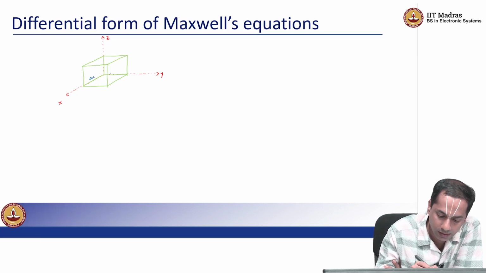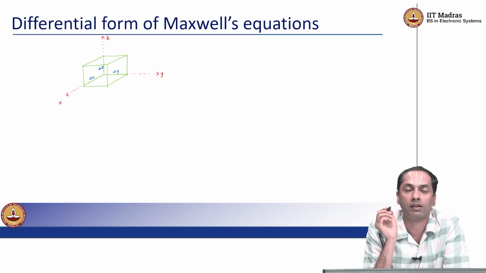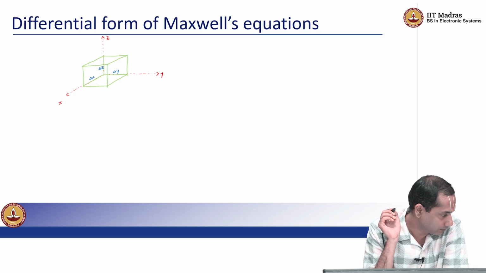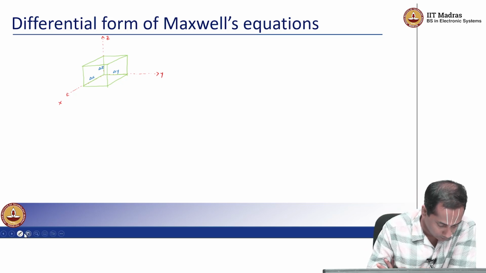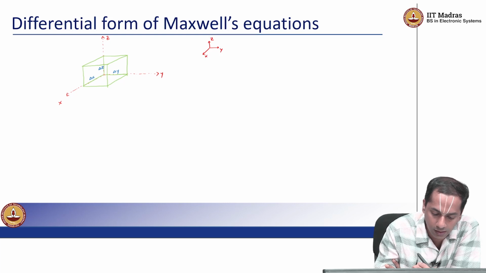So we have delta x, delta y, and delta z as the side lengths for this cube. So this is my rectangular coordinates. Remember, the origin is our point of interest x comma y comma z.